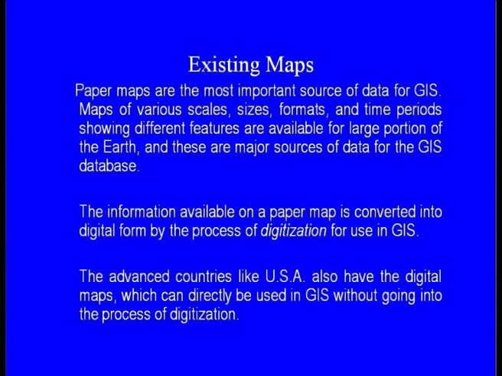The information available on a paper map is converted into digital form by the process of digitization for use in GIS. Advanced countries like the USA also have digital maps, which can be directly used in GIS without going through the process of digitization. This saves a significant amount of time for the analyst when creating such databases from paper maps.